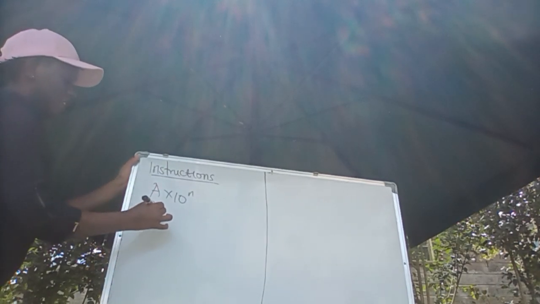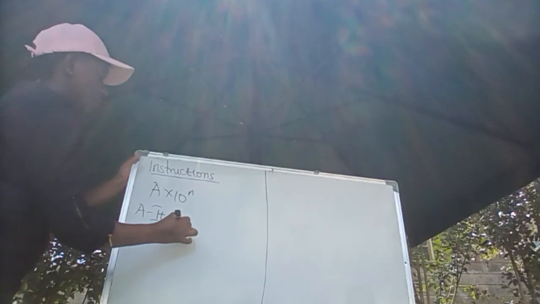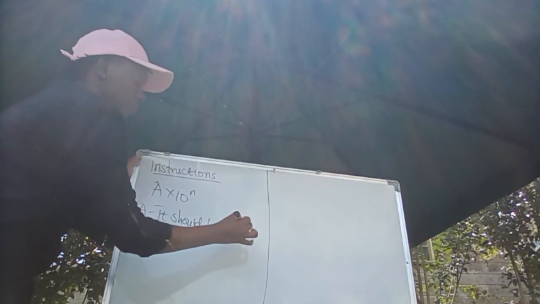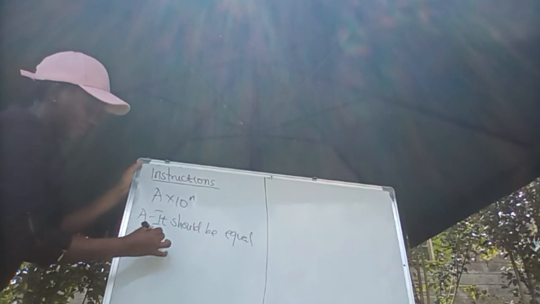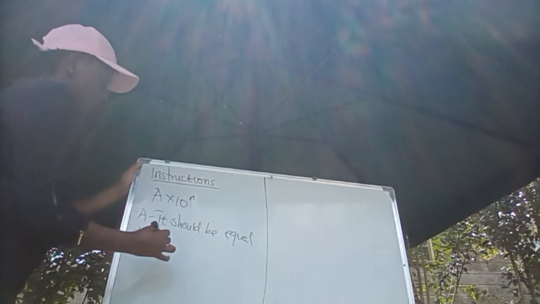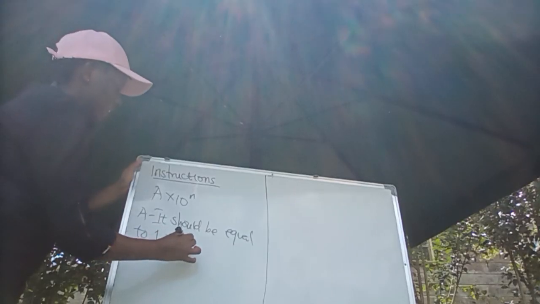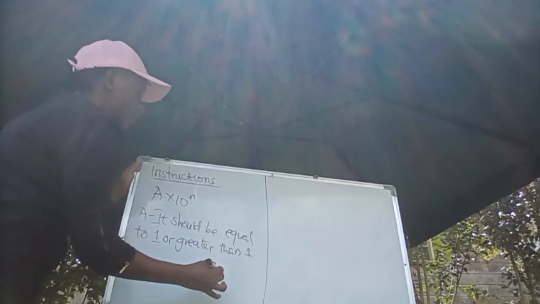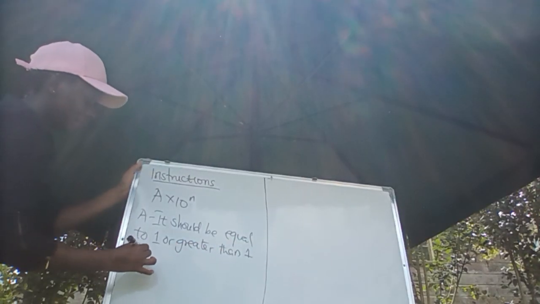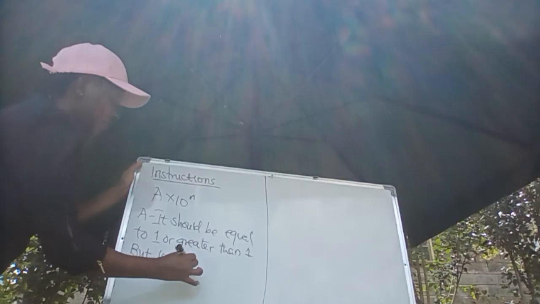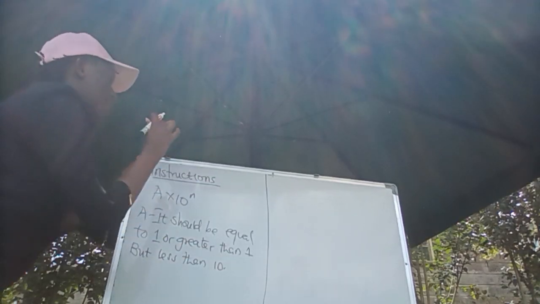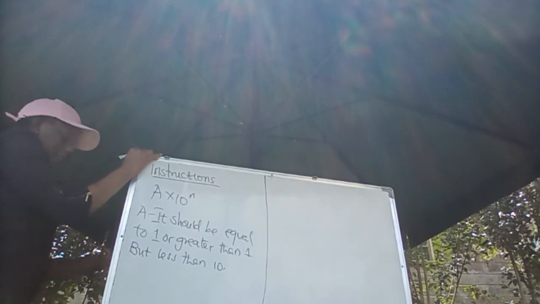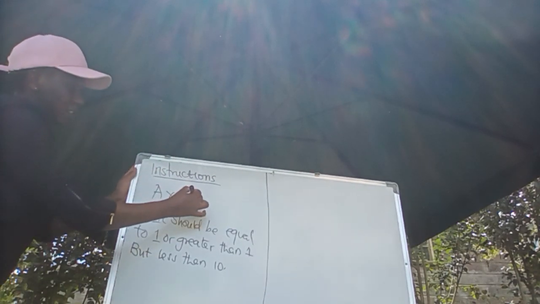This a should be equal to 1, or greater than 1, but less than 10. Are we together? And then in this one, you see this n.